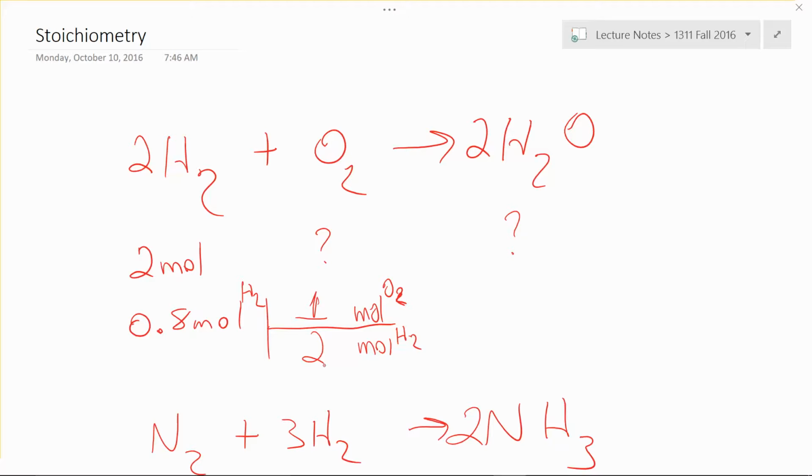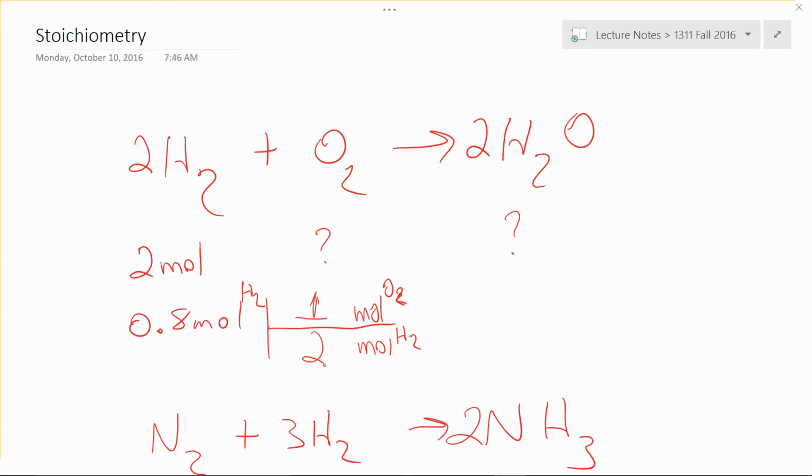This is called stoichiometry. Being able to go from one thing, H2, to another thing, O2, using your balanced chemical equation. That is a must. You must have a balanced chemical equation in order for this to work.